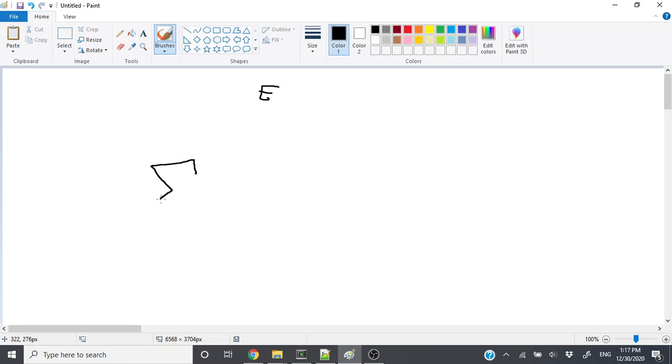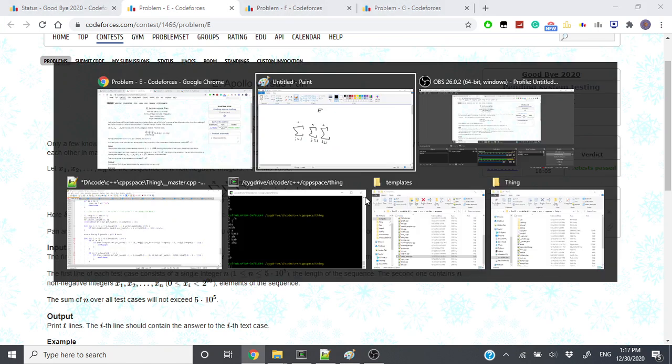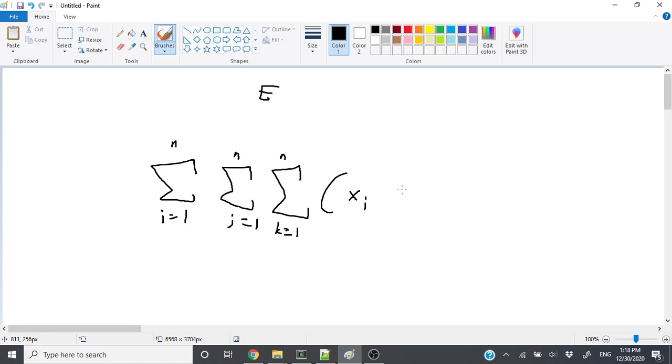That is, compute the value of the sum from i equals 1 to n of the sum from j equals 1 to n of the sum from k equals 1 to n of xi bitwise and xj times xj bitwise or xk.